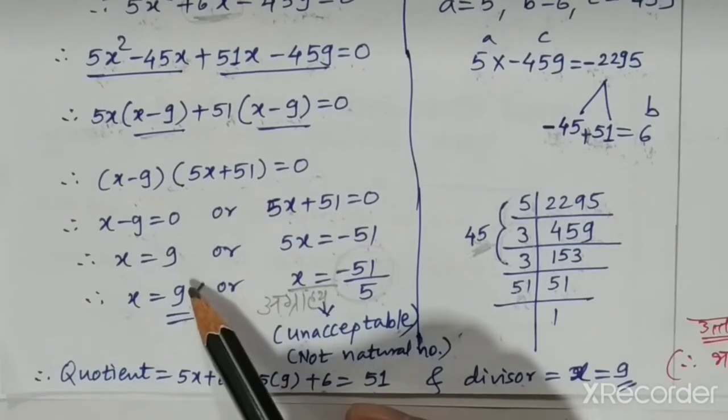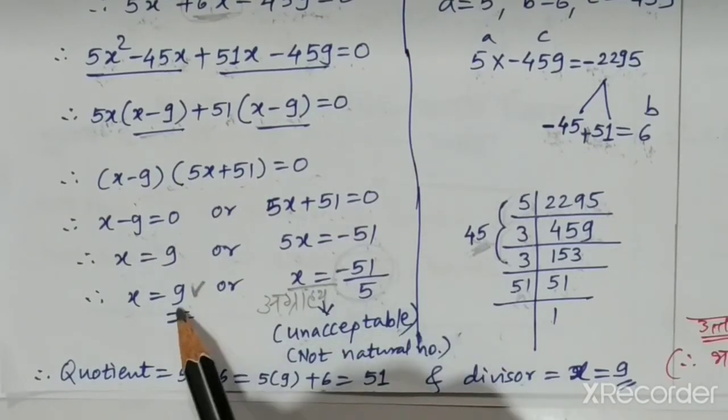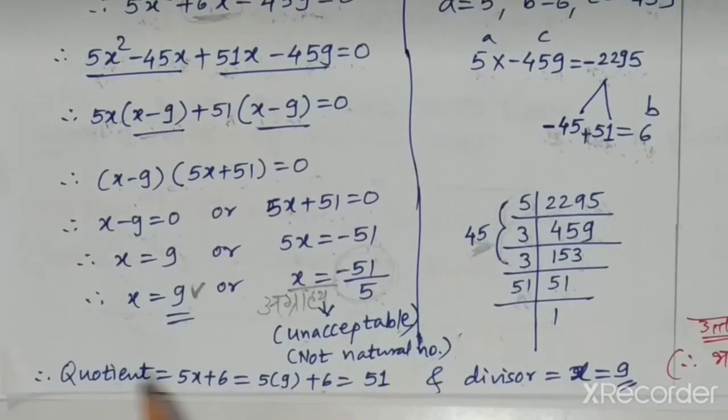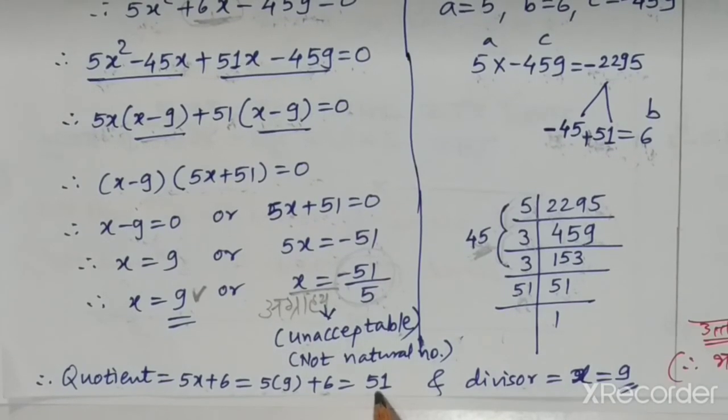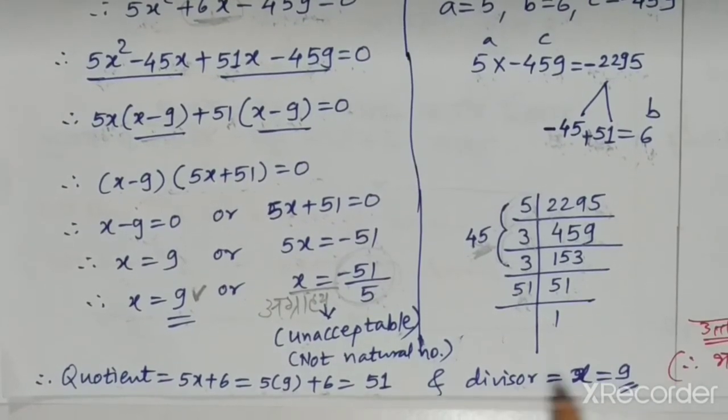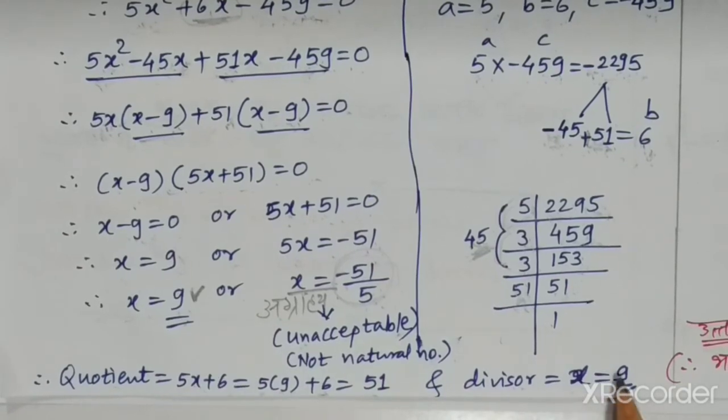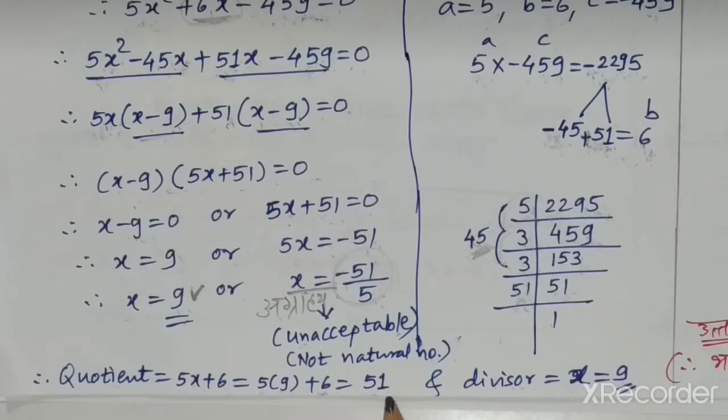So we get the accurate value of x is equal to 9. So quotient is equal to 5x plus 6. So put x is equal to 9 here. 5 into 9 plus 6. 5 into 9 is 45. 45 plus 6 is 51. And divisor is x. So the value of x is 9. So we get divisor is 9 and quotient is 51 here.